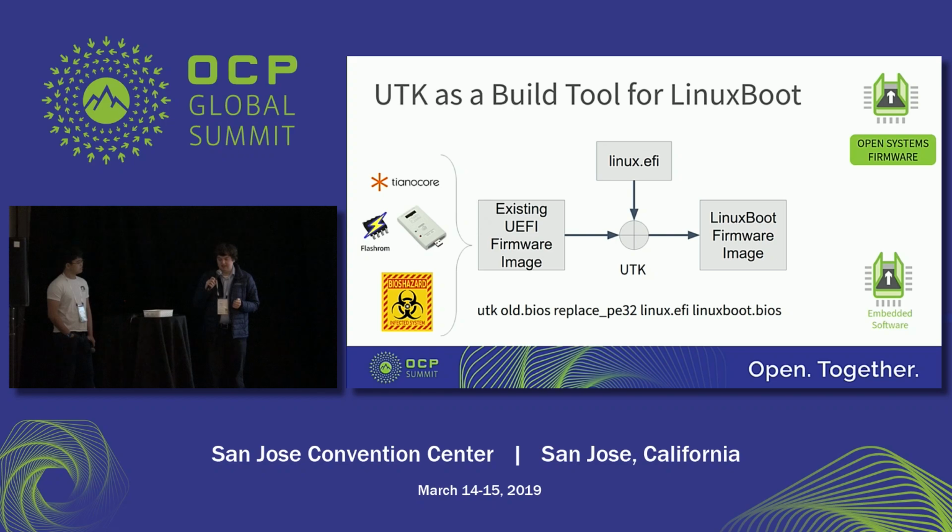This is often the workflow you'd go through for a Linux boot. You take a firmware image off of your machine, either using flashrom or a DediProg programmer to rip it off, or you can actually build your own images with TianoCore.